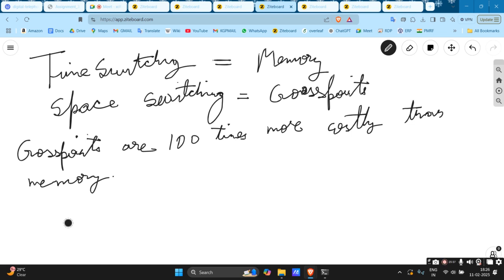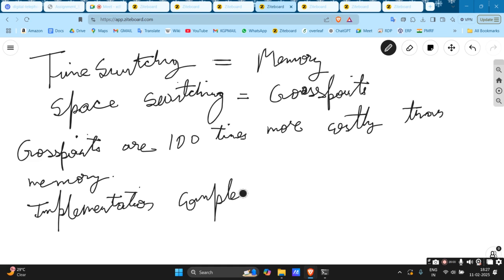But since the book was written in the 80s, then cross points were considered 100 times more costly than implementing memory. So implementation complexity is simply the number of equivalent cross points that you have to make.